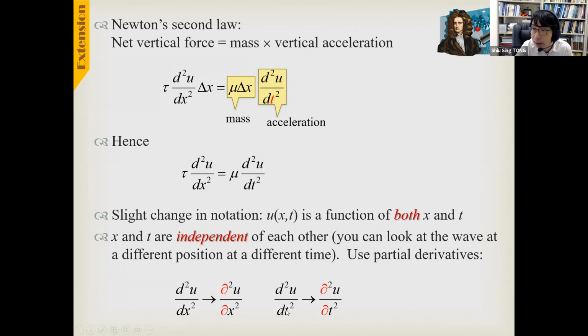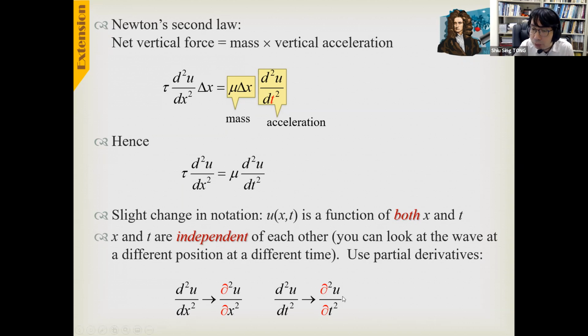Again, for the time t, when I take the derivative of u with respect to time t, I use the partial derivative now, which means that I do the differentiation of u with respect to time t while keeping the position x constant.